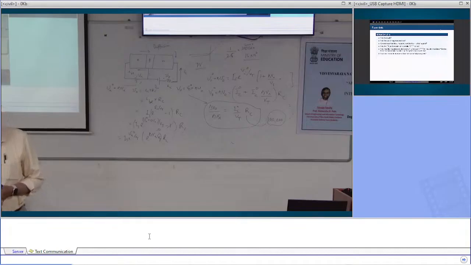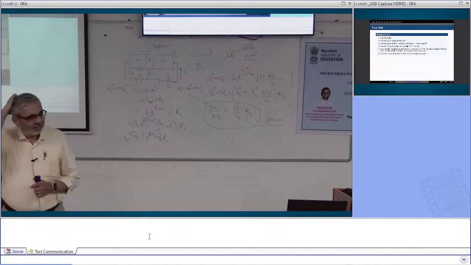Okay, so FET devices, how do you get large gains? What is the principle in FET devices to attain gain? You all use FET devices as switches, right?